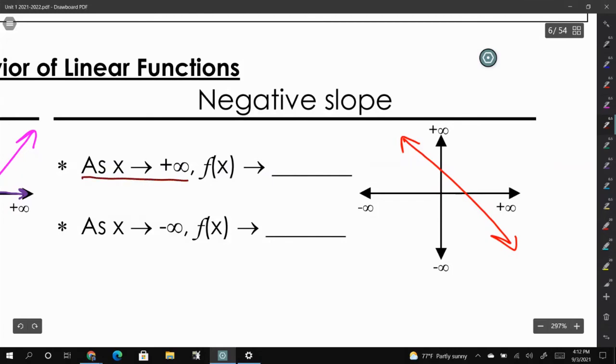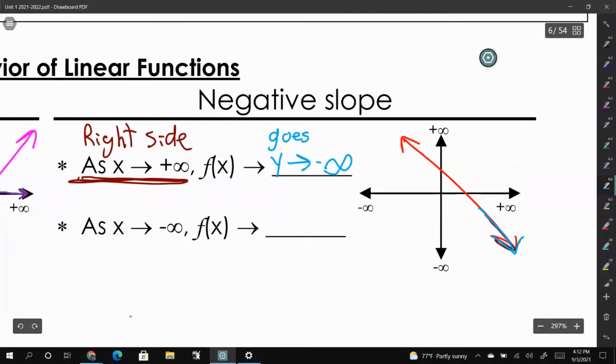And remember this part here, as x approaches positive infinity, that means the right side or right end. The right end of this graph is going down. So to say that it goes down, we say y approaches negative infinity. This means goes down.